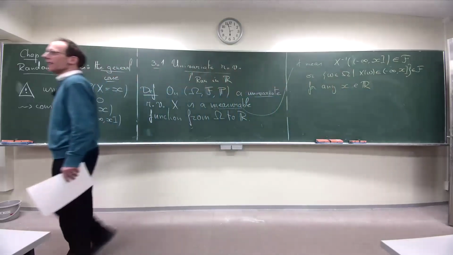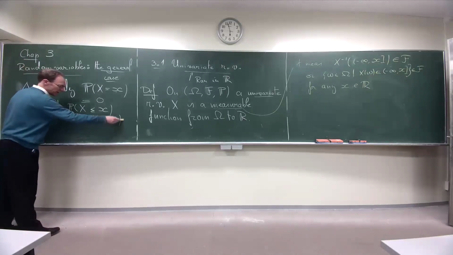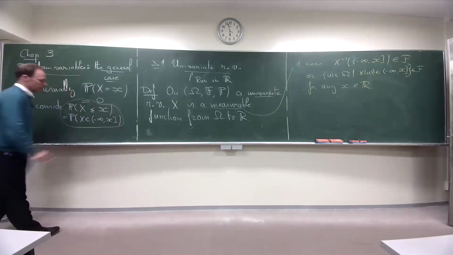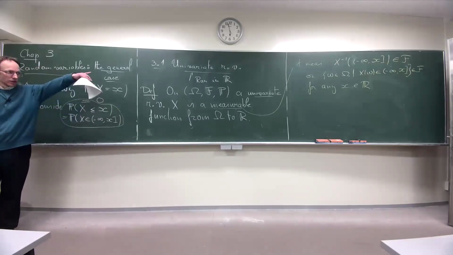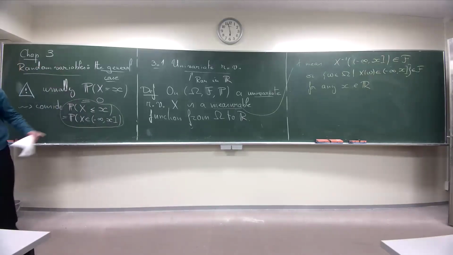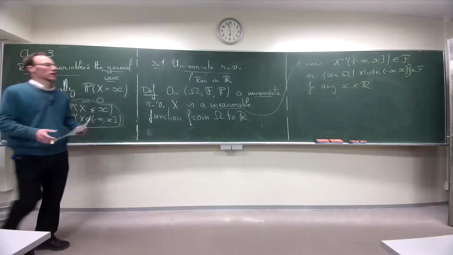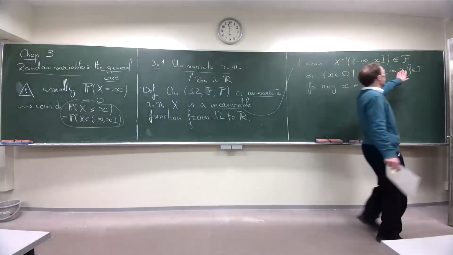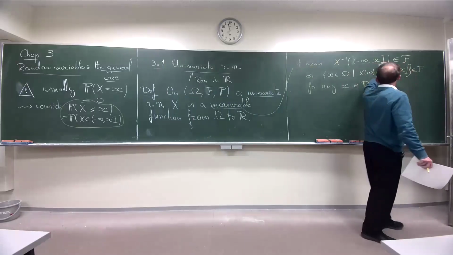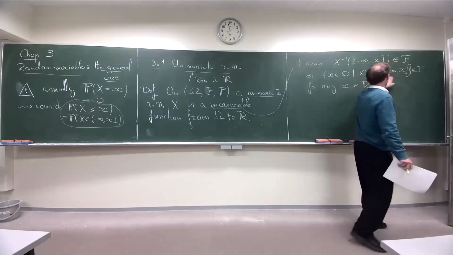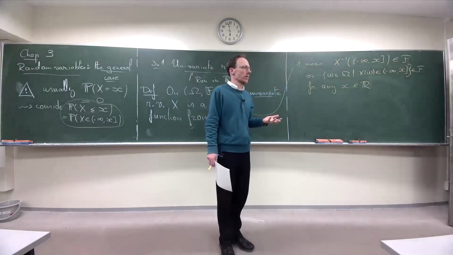And it's natural that I need to say something, because when I wrote this, if x does not satisfy this condition, this is simply not meaningful. I can give a probability only to sets in F. So if this set is not in F, I cannot give a weight to it.